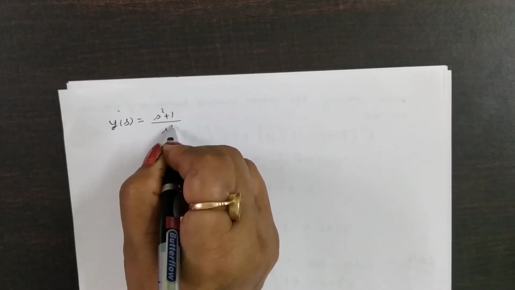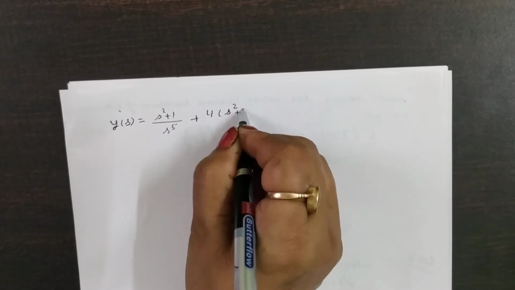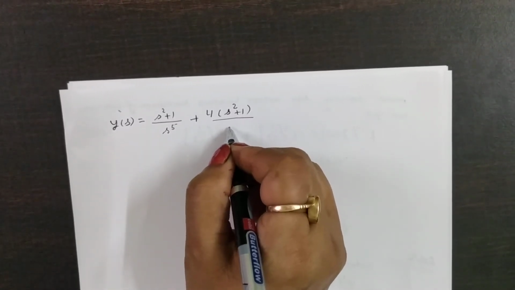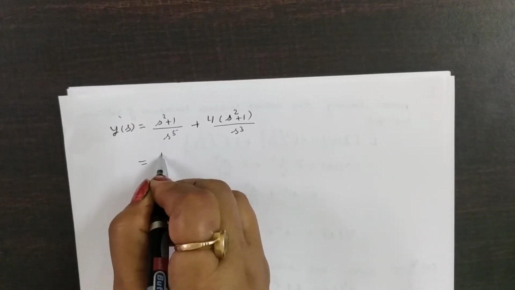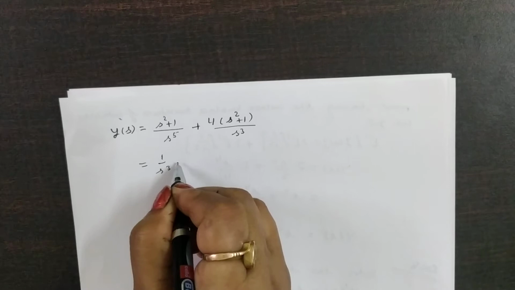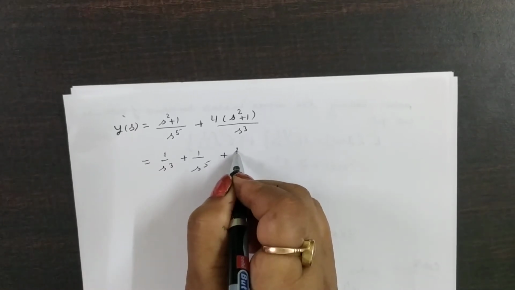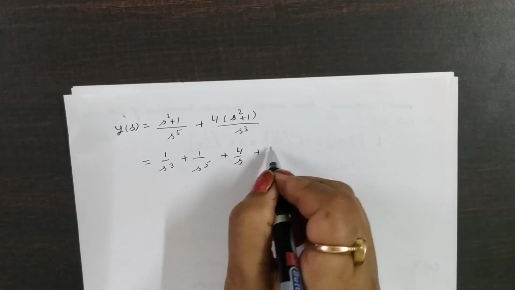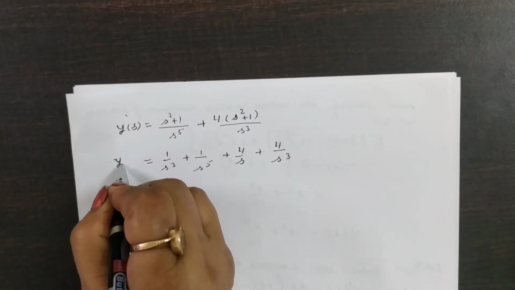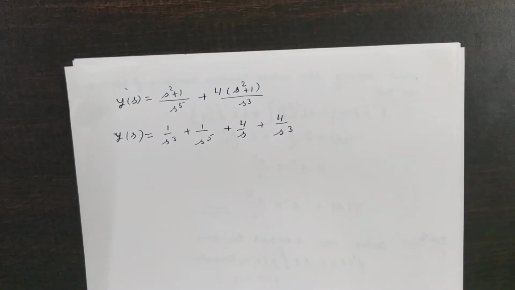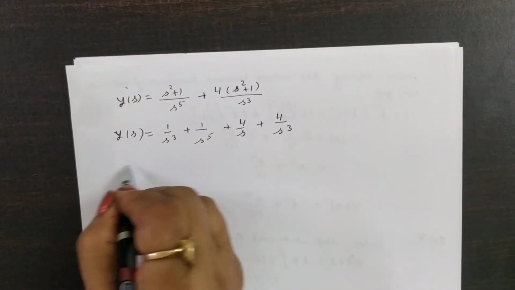So this becomes 1 by s to the power 5 plus 4 by s cube. Now breaking up these terms, we get 1 by s cube, 1 by s to the power 5, plus 4 by s, plus 4 by s cube. Y(s) is equal to this.